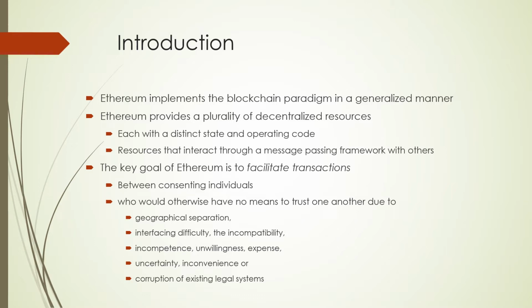And the key goal of Ethereum is to facilitate transactions between parties who have no means to trust one another for different reasons. So that's why they use a decentralized framework called Ethereum. Why don't they trust each other?